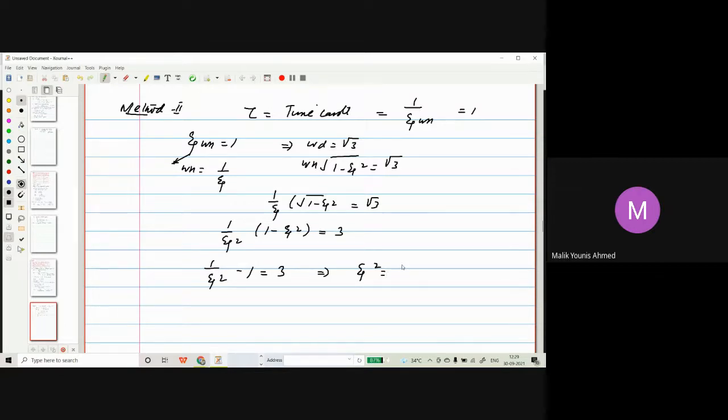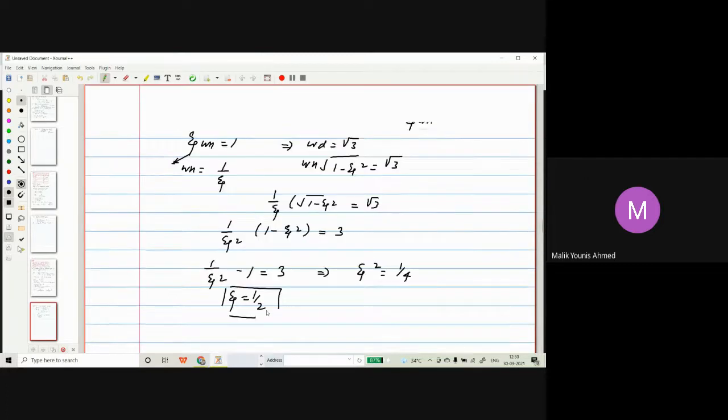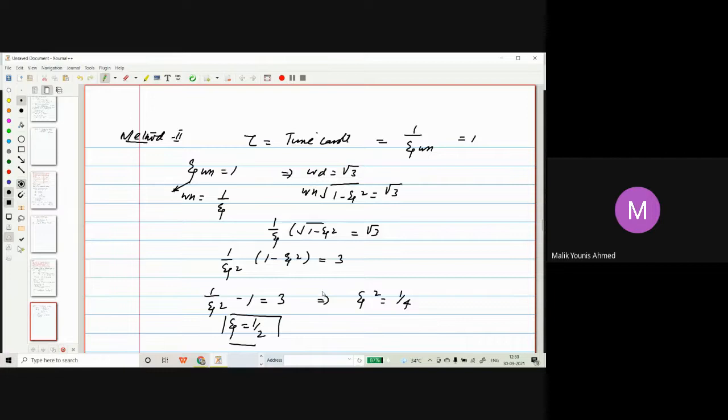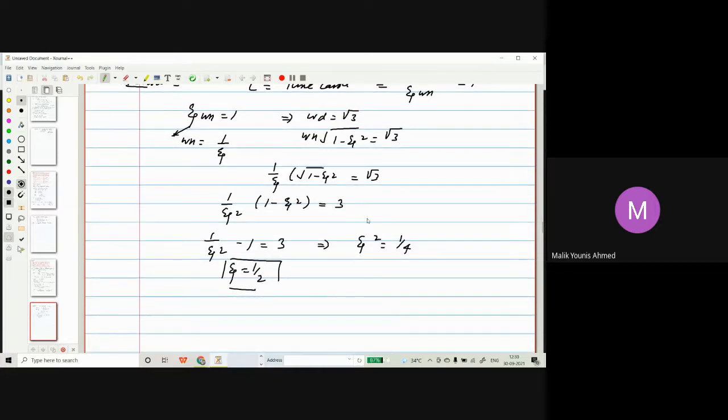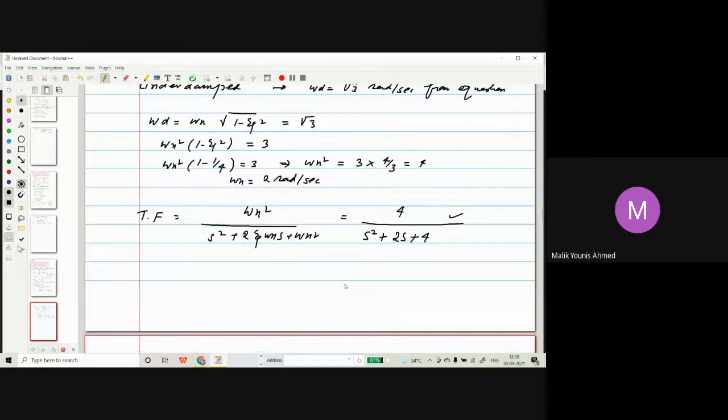That will be 1 by xi square is 4, and xi will be 1 by 2. This is clearly an underdamped system. You can see omega n we have already got equal to 2. You can find, no, we have not got it still. So omega n you can get is 1 by xi, that is 2 radians per second. Rest is the same story, you can drop it here.